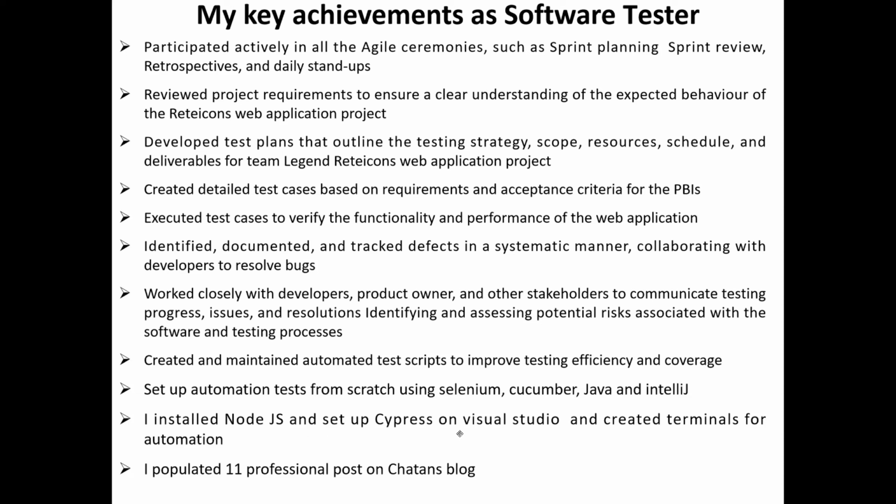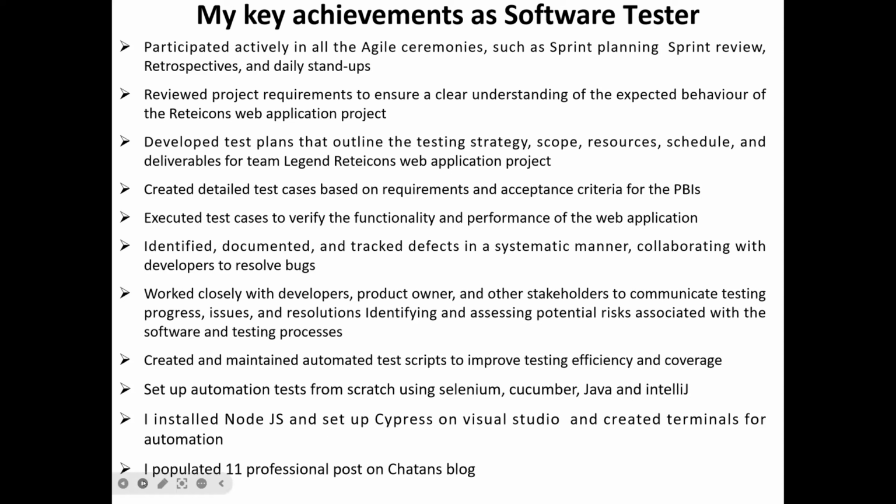I executed the test cases to verify the functionality and performance of the web application. I also identified, documented, and tracked defects in a systematic manner. I created bugs. I worked closely with developers, the product owner, and other stakeholders to communicate testing progress.